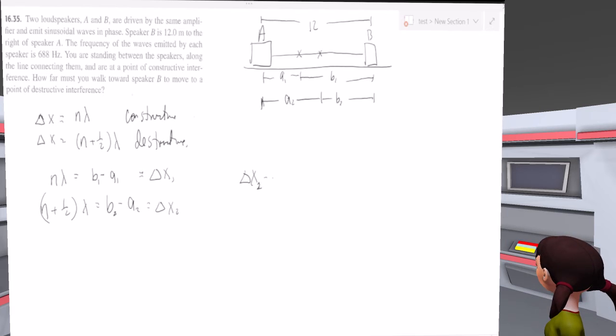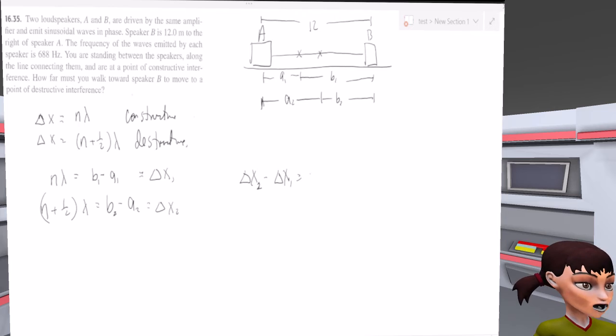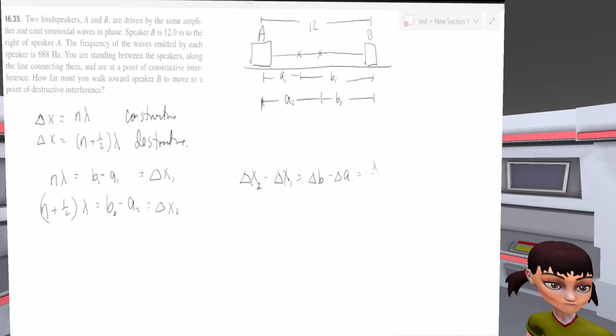So delta x2 minus delta x1, that's my delta B, B2 minus B1, minus delta A, A2 minus A1, and that's just half a wavelength.